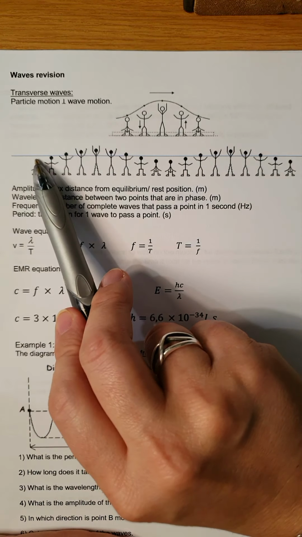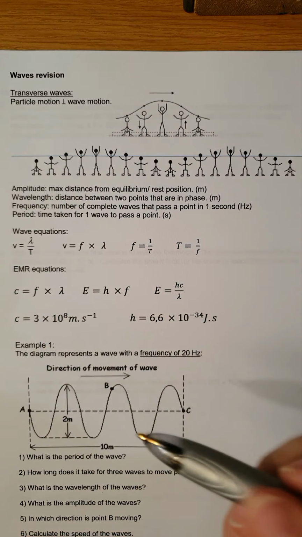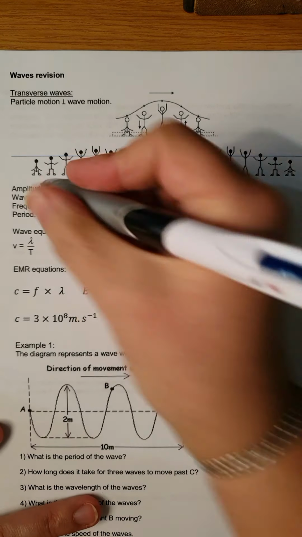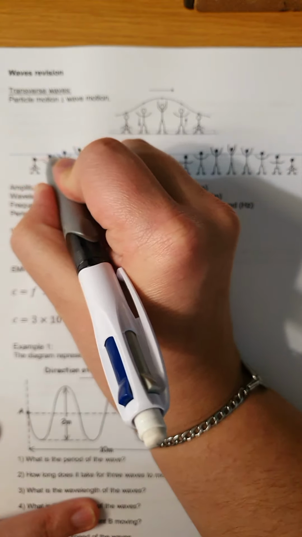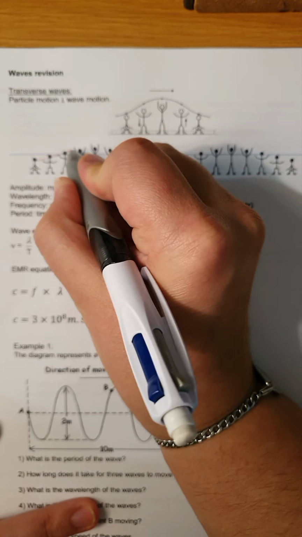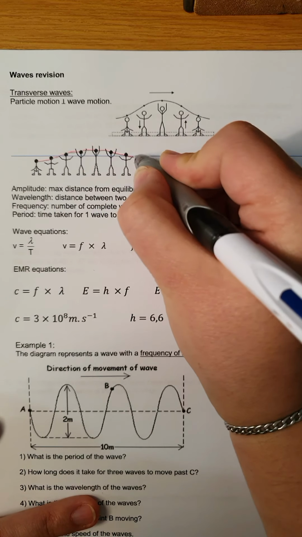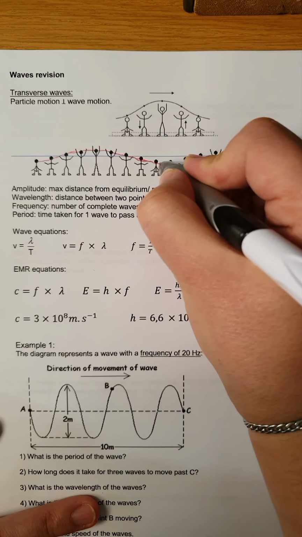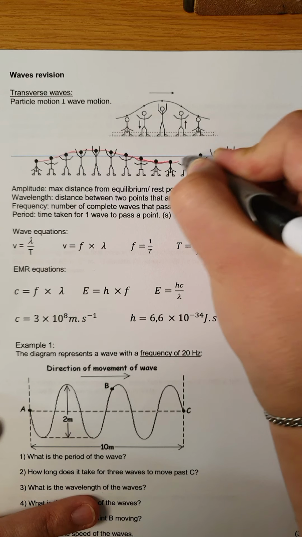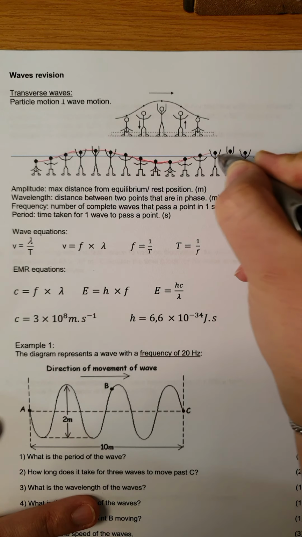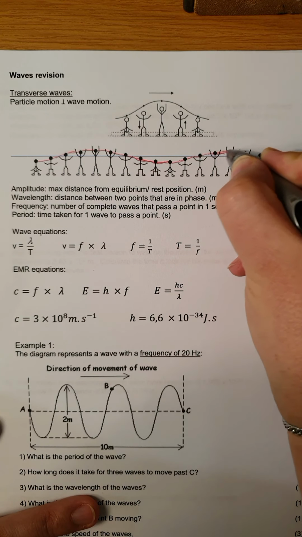So over here, what I've done is I want you to imagine the heads as if they were particles. Okay, you could use the hands, I suppose, but the heads, you can relate that to particles.